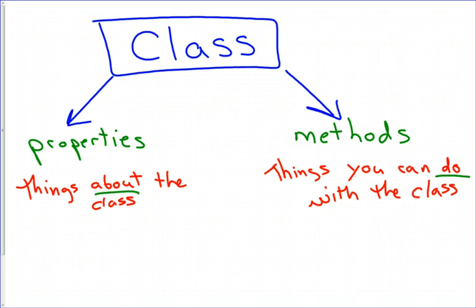So let's bring this to the world of your English class, or your language arts class. A class could be thought of as a noun. An example would be a cat is a noun. So what are things about the noun, things about the cat? In English class, we would use a term to describe those kinds of words, like black cat or fat cat.